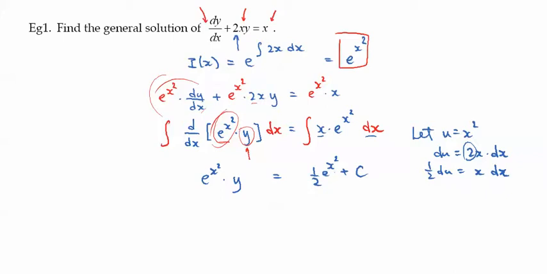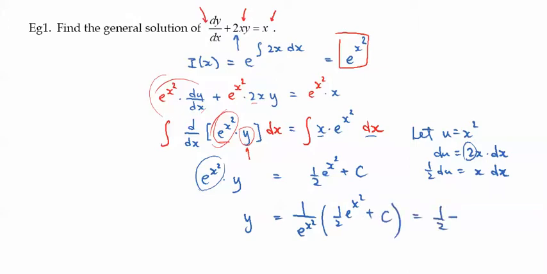And finally, as I divide this to the other side as well, we will end up with 1 over e to the x squared of this, which can be simplified to 1/2 plus c over e to the x squared.